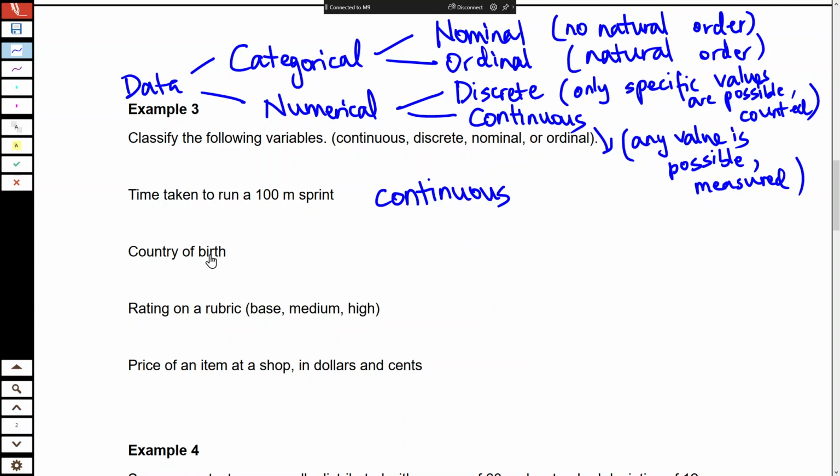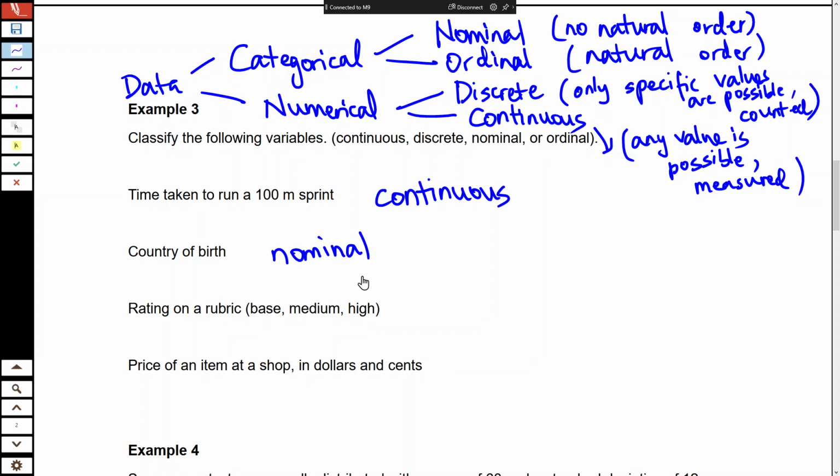Country of birth. Categorical. And which type of categorical? Although you may have your favorite list of countries, there isn't a natural order to put the countries in that we will all agree on.